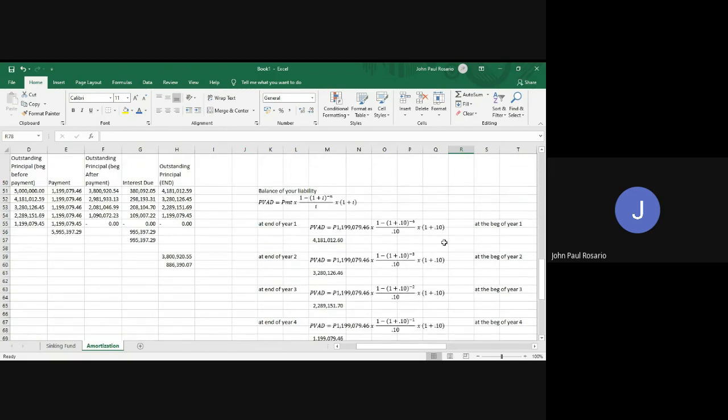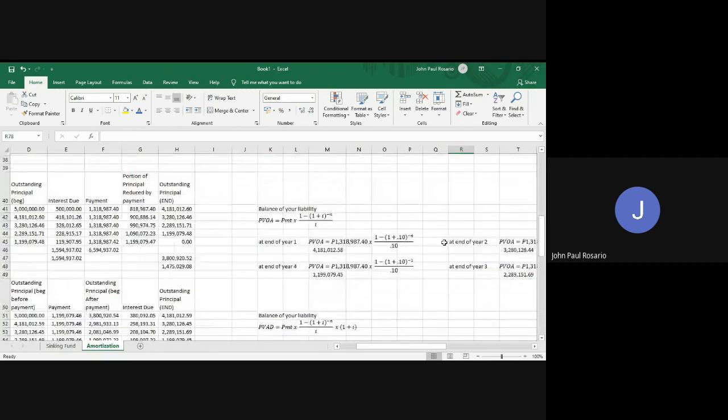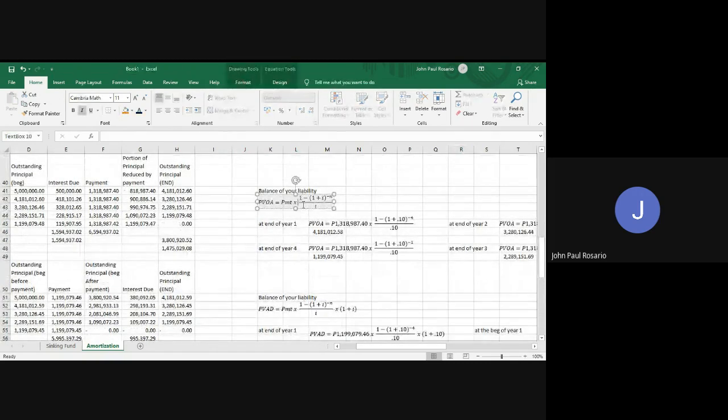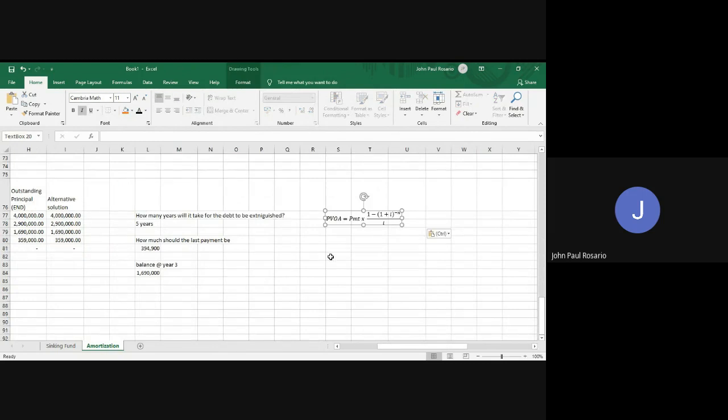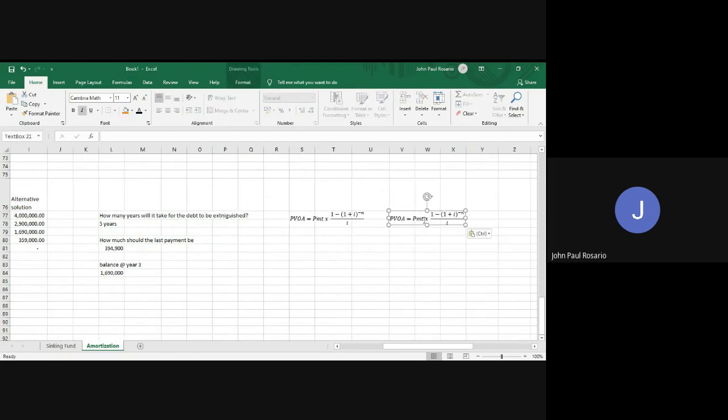So we'll use this formula. We will use the trial and error method. From this formula, let's substitute. The payment is 1,500, plus 500, plus 1.10.